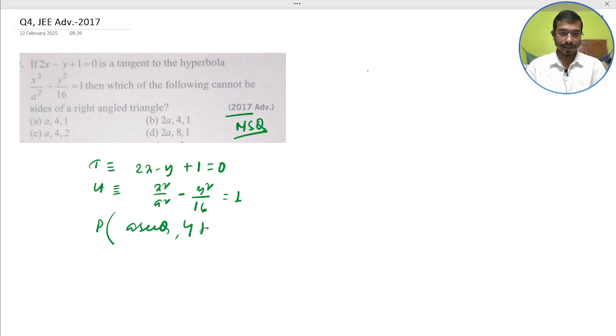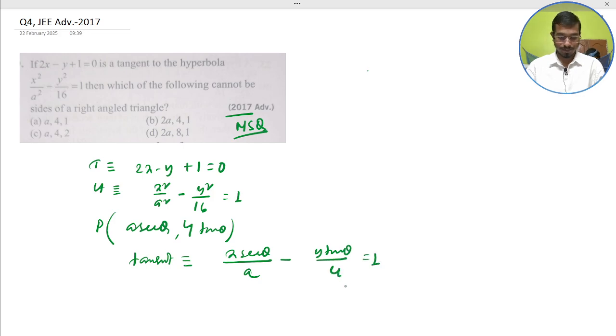Okay, b tan theta. So now put this value in the equation. So the tangent would be equivalent to x sec theta divided by a minus y tan theta divided by 4 equal to 1. Solve this.